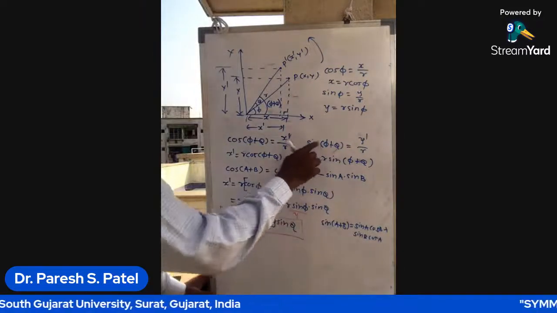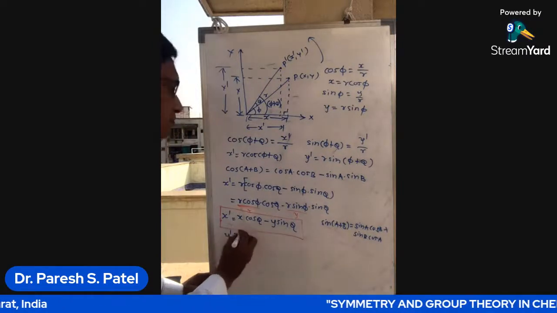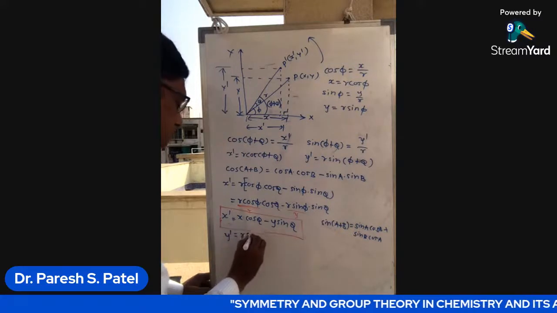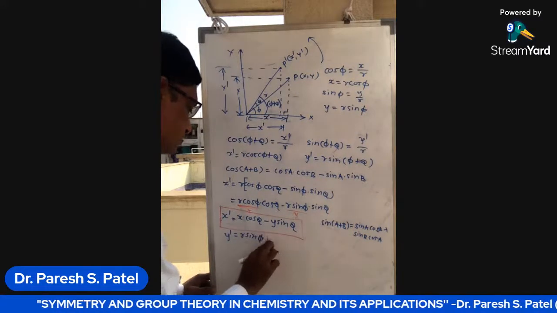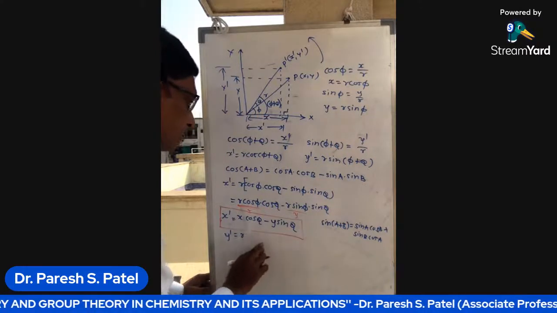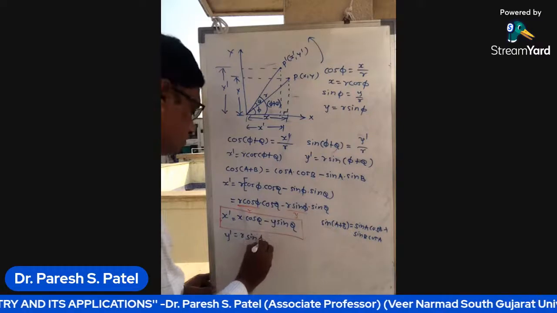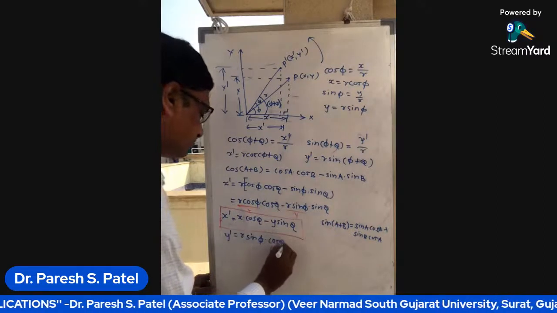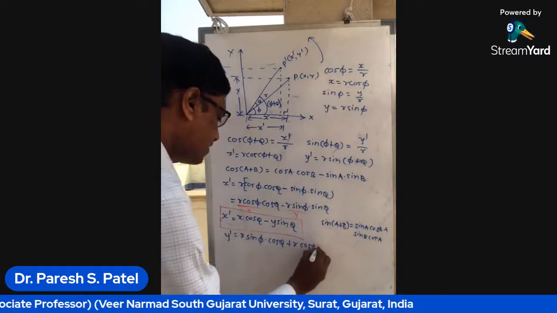So we can apply that to this one. So y dash is equal to r sin phi cos theta plus r cos phi sin theta.